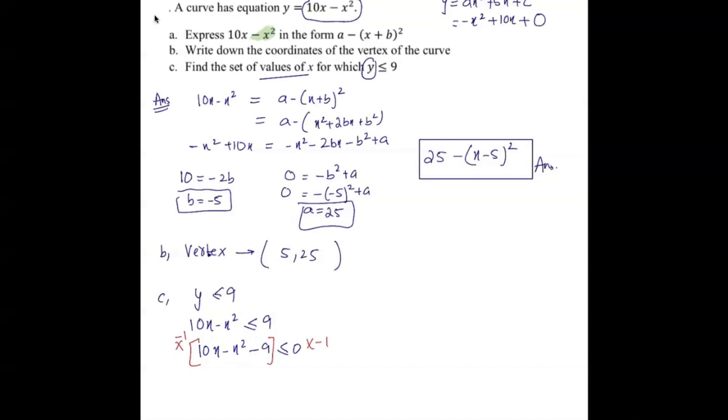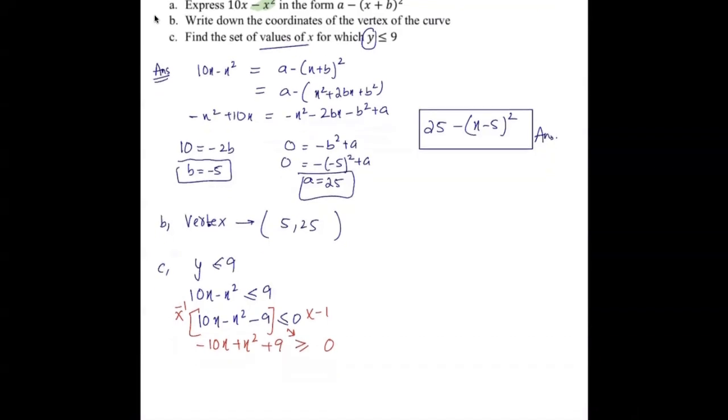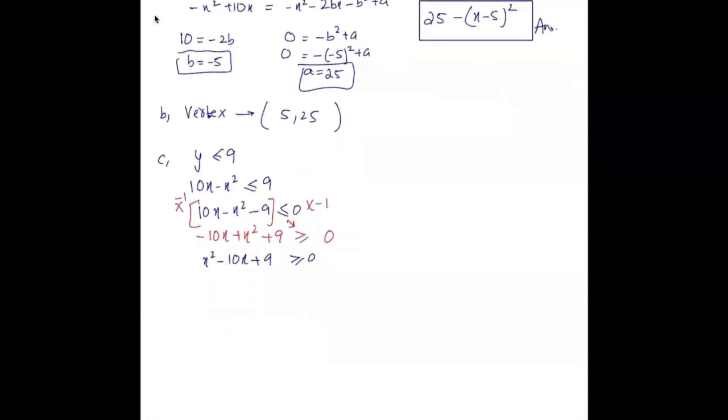So if I multiply this inequality by -1, that's going to be x squared minus 10x plus 9 greater than or equal to 0. Why do we multiply by -1? Just to make the coefficient of x squared positive. That's going to help me solve the question much more easily.